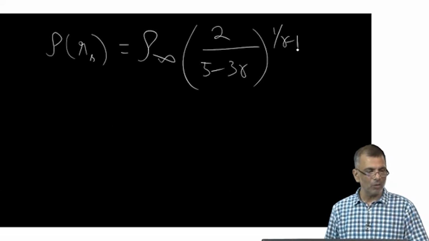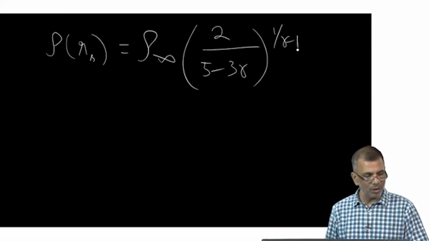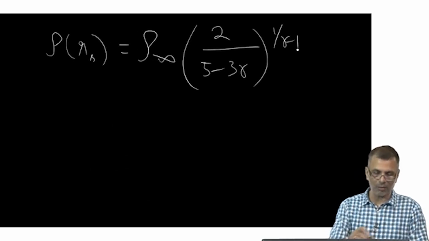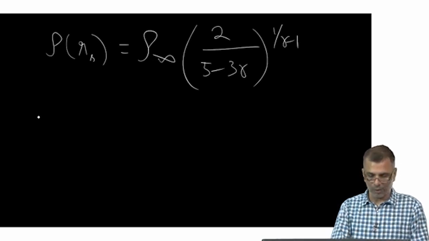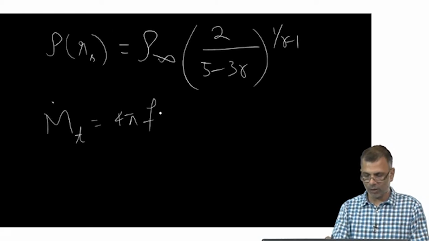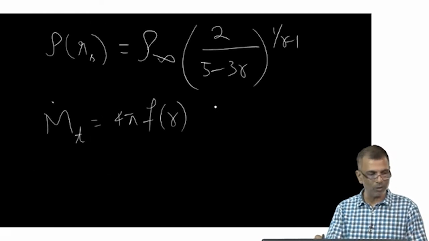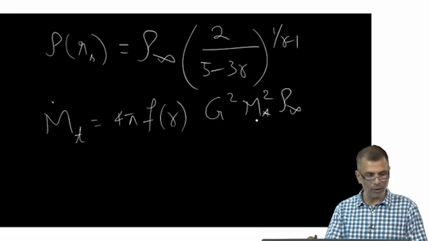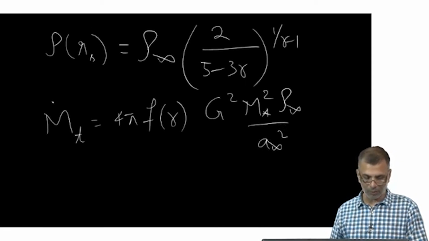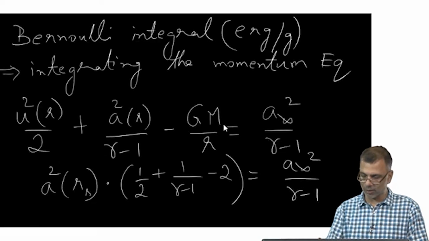So this now gives you the transonic accretion rate, which would be m sub t equals 4 pi times some function of gamma. There are lots of gammas floating around, and we won't bother too much. G squared m star squared rho infinity over a infinity cubed. And this, by the way, if I am writing m star there, I really should be writing m star here also.